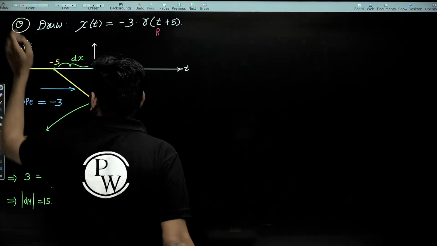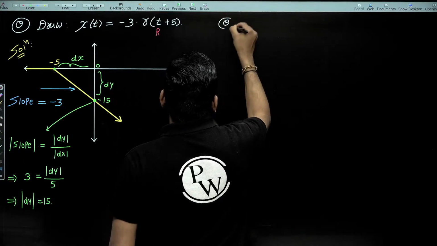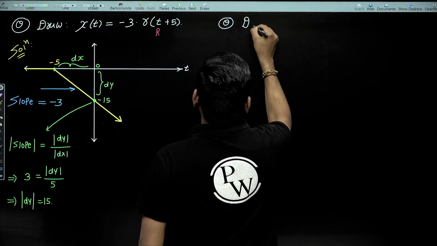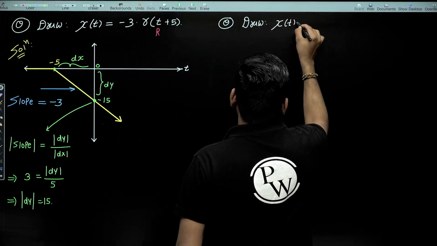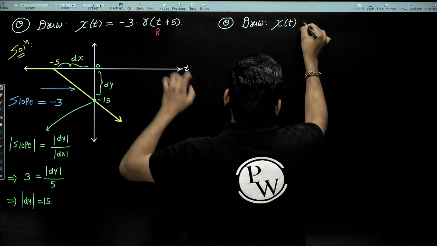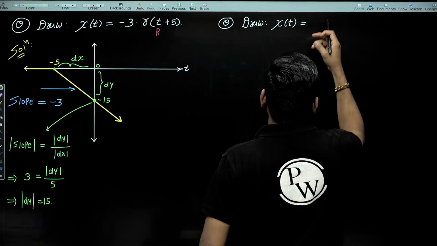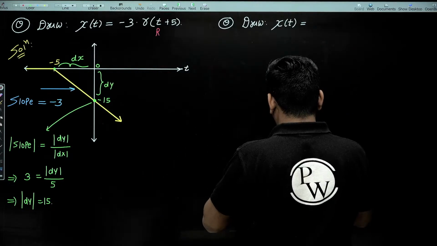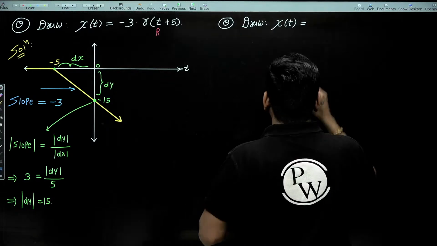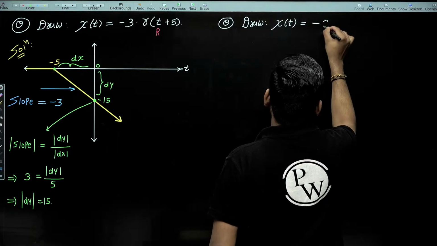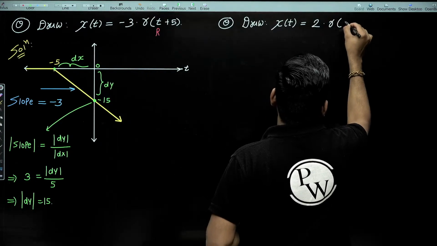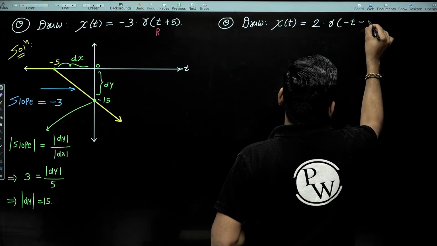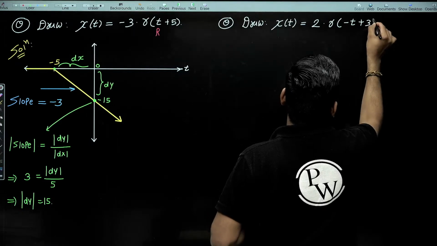Now suppose we want to draw x of t is equal to -2 plus 2 r of -t plus 3.